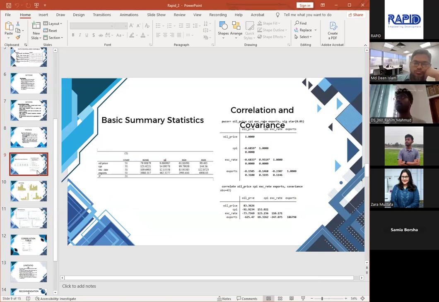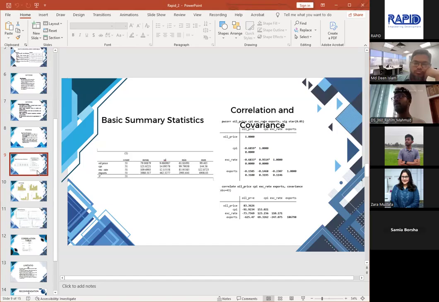Now I would like to present the descriptive analysis of our data set. Before conducting the advanced econometric analysis, it is important to understand the basic characteristics of the variables. This table reports the summary statistics for crude oil, consumer price index, exchange rate, and exports. For each variable, we present the number of observations, mean, standard deviation, and minimum and maximum values.